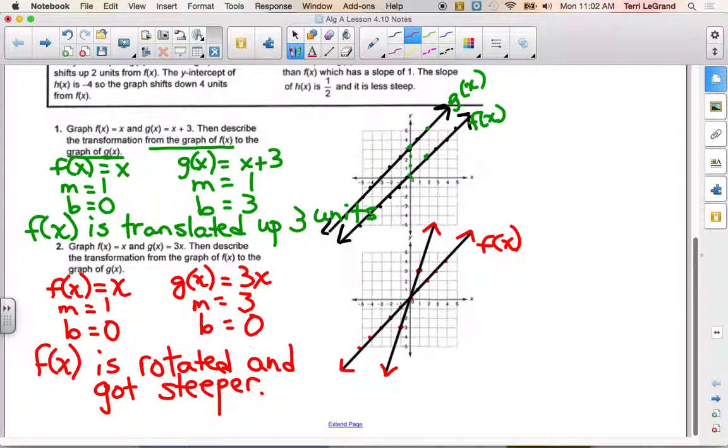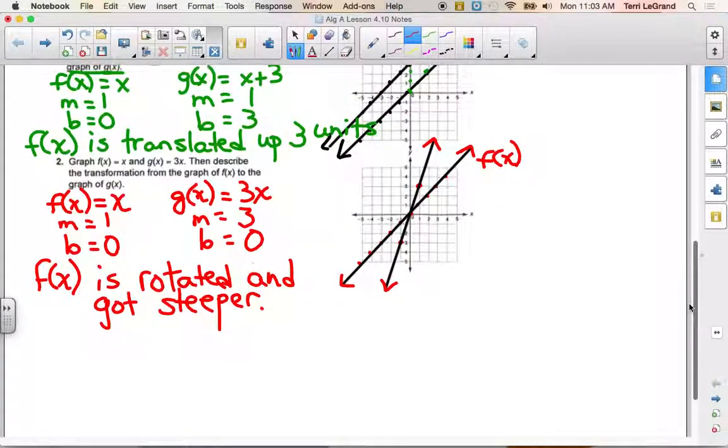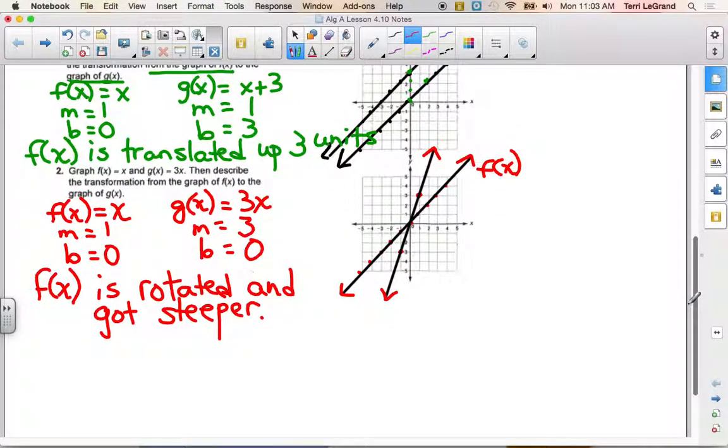F of x got rotated and got steeper. So it's a lot more work to climb if you happen to be climbing those lines. Okay, so when the slope changes, that's a rotation. When the y-intercept changes, that's a translation, isn't it?